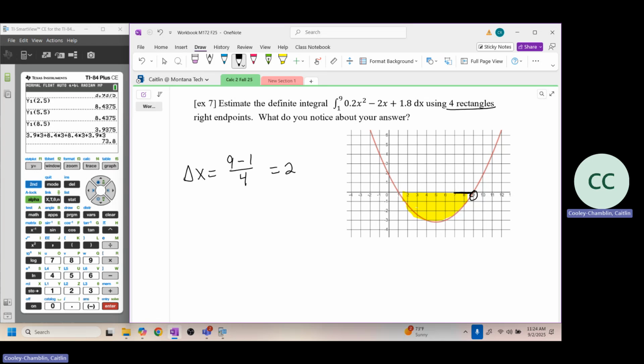So 1, 2. I'm just going to kind of build the bases like I did before. And then I'm going to start at 7 and I'm going to go down 2. Start at 5 and go down 2. And then start at 3 and go down 2. Okay. And I'm using right endpoints.